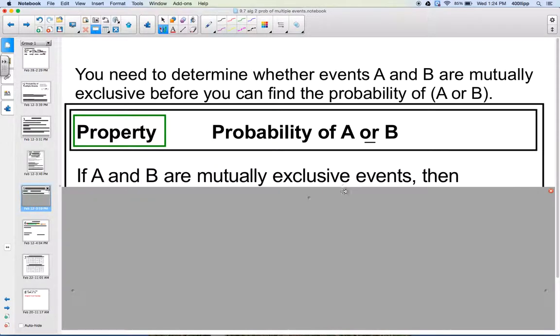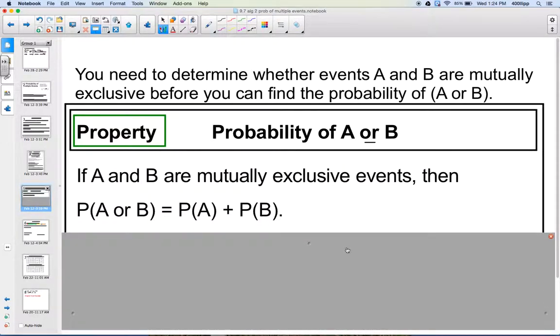So those are mutually exclusive events. If we said the probability of rolling a 2 or a 3, these are mutually exclusive because it cannot happen at the same time. So we would say, what is the probability of rolling a 2 plus what is the probability of rolling a 3?